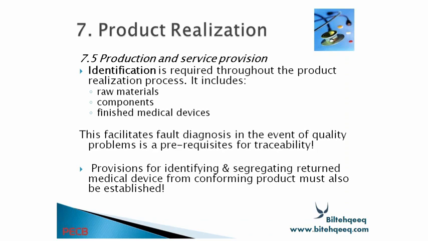Provision for identification and segregation of returned medical devices from conforming products must also be established. So you have to develop a mechanism by which you can identify any product at any stage of production.